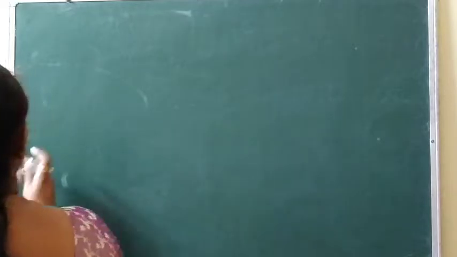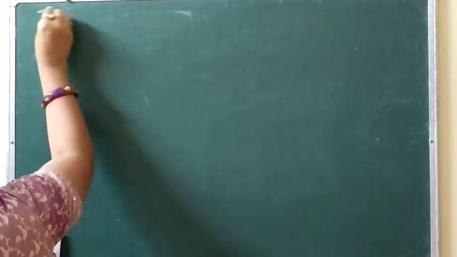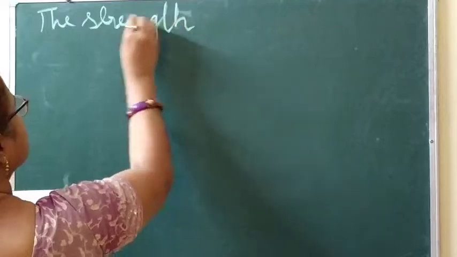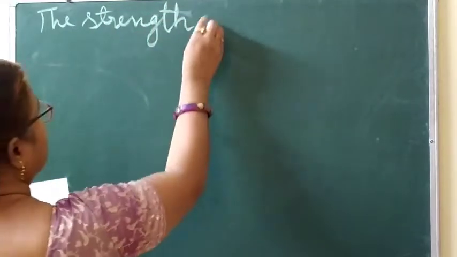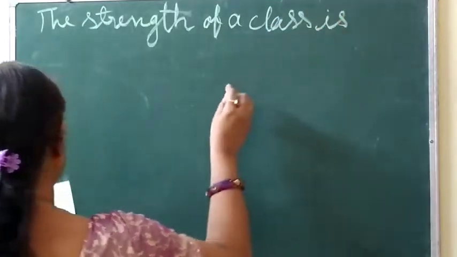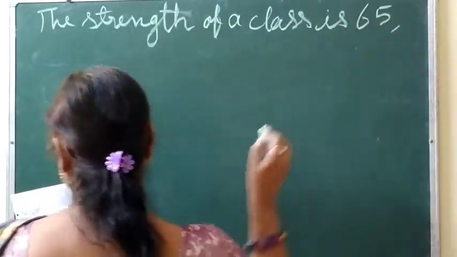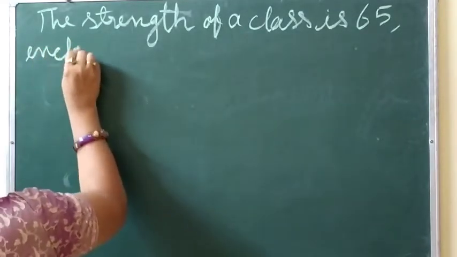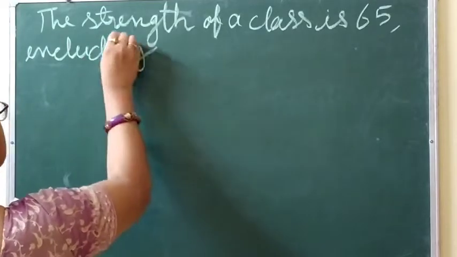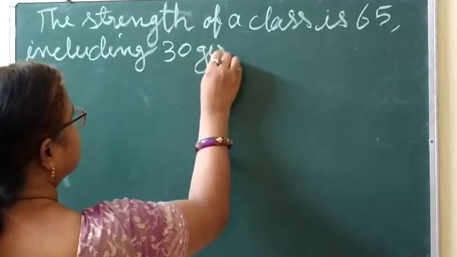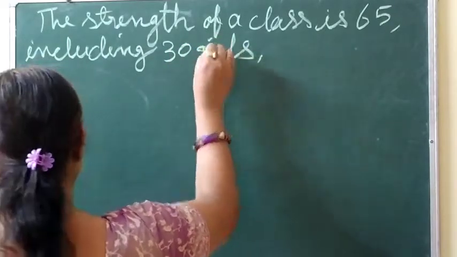Now the next question is: the strength of a class is 65, including 30 girls.